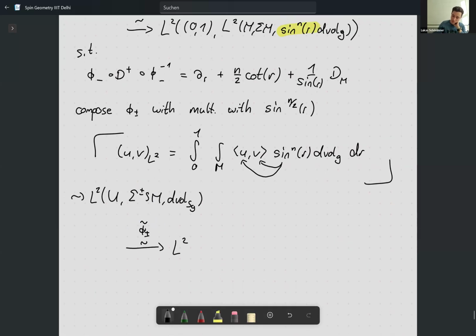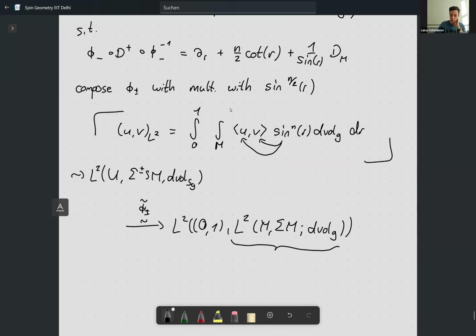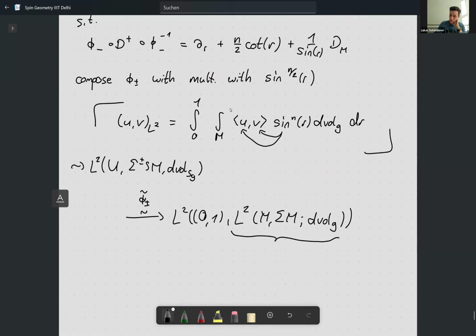And this now lands in the L2 space, going from the interval to L2 M sigma M. But now we only have the volume element of G. So this space here is independent of R. So this is a fixed Hilbert space.